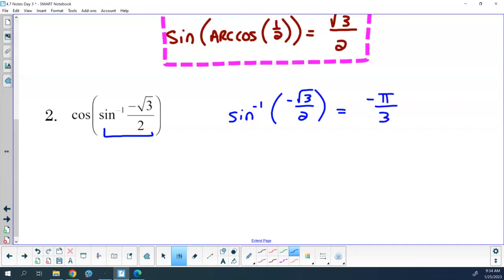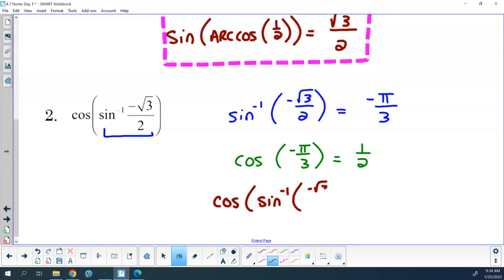Second one then is what is the cosine at negative pi over 3? Cosine at negative pi over 3 is 1/2. So the cosine of the inverse sine of negative root 3 over 2 is 1/2.